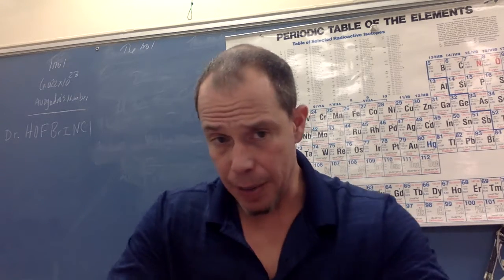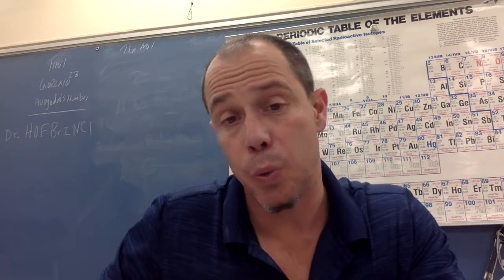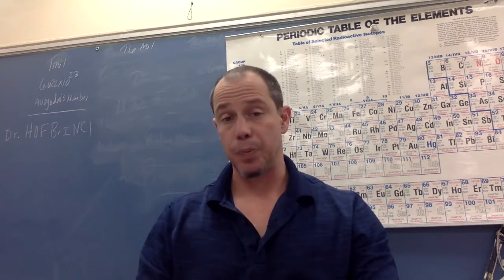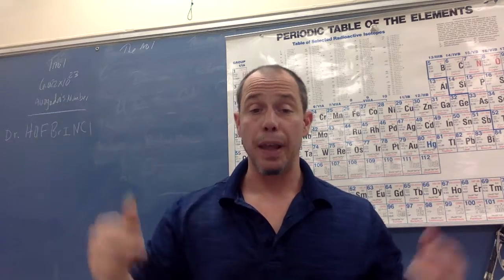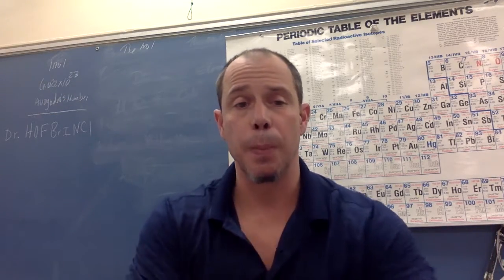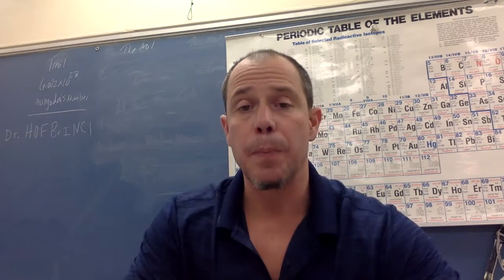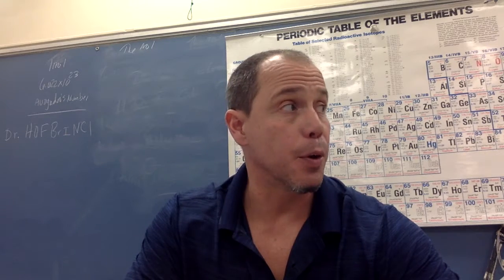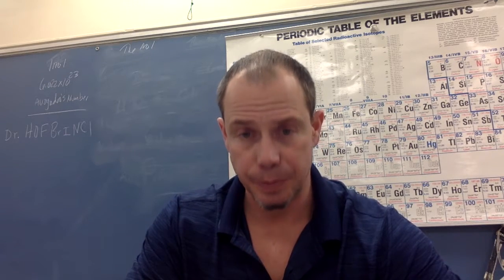And if I said that I had 6.022 times 10 to the 23rd molecules of oxygen, you would tell me I had 1 mole of oxygen. So the numbers are the same. 1 mole is 6.022 times 10 to the 23rd atoms or molecules in chemistry. In the world, it could be literally anything.